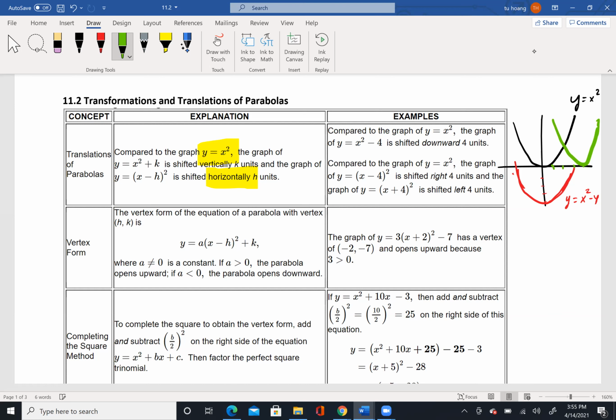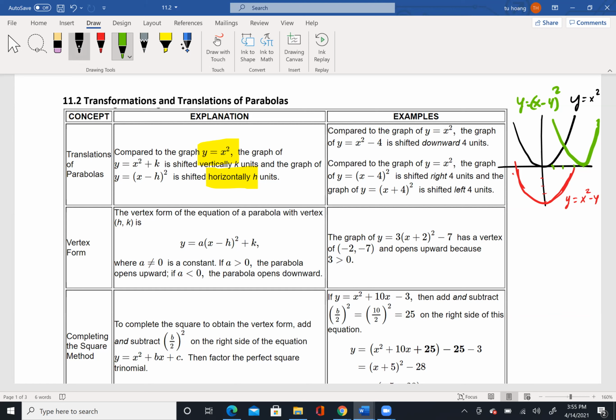So that is y equals x minus 4, everything squared. And on the other side you have x plus 4, everything squared, which is going to be shifted to the left 4 units from the original one.